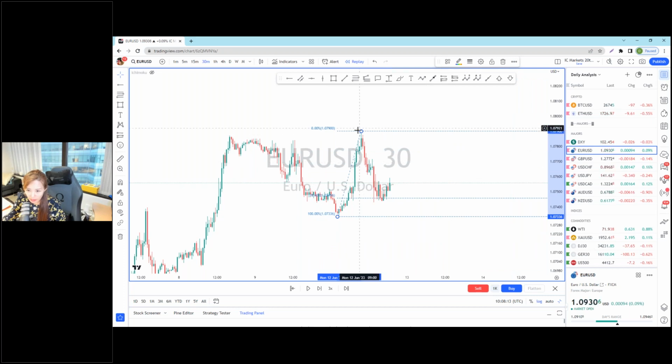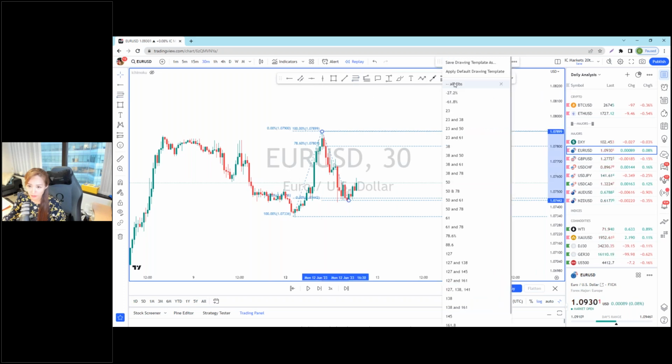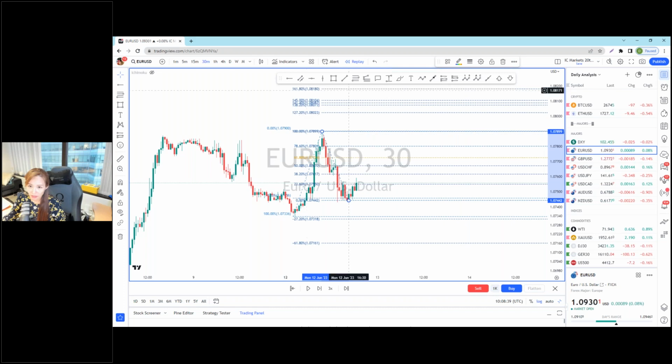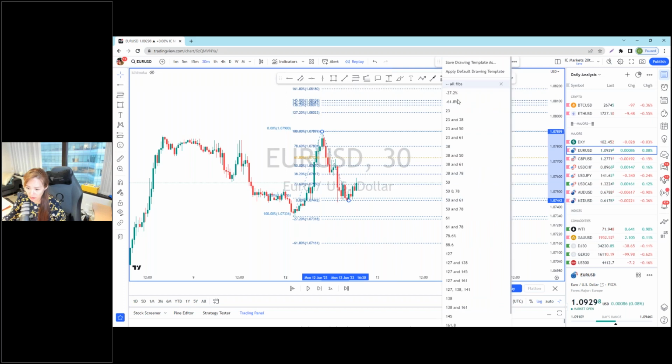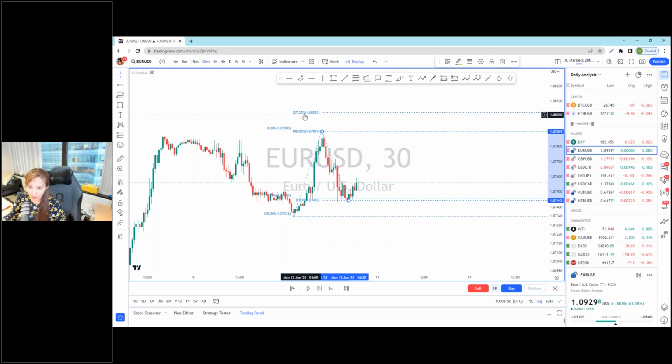When the price starts to go up or retrace, you draw Fibonacci to get the extension, meaning you want to set your TP. So we can use extension to help you get the TP. This is the level, this is extension, right? The positive number. The first level you need to look out for, which is your first TP, is the 127.2 extension.